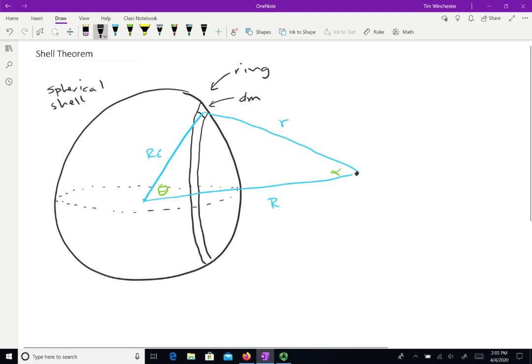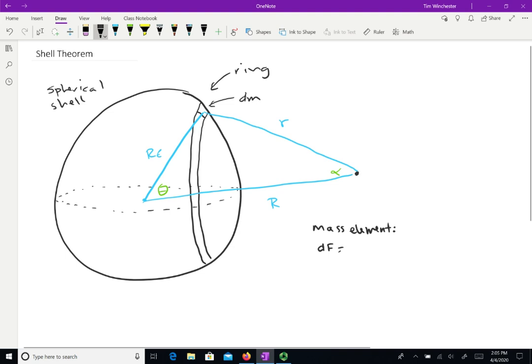Well, the first thing I want to do is use Newton's law of gravitation to figure out the force from that mass element. Okay, so from the mass element, we're going to have the small amount of force, which I'll call dF, because it's just a little bit of the force, and then we'll integrate to get the total force.